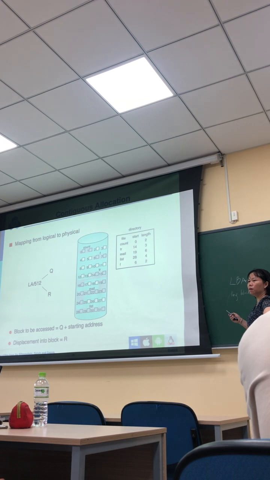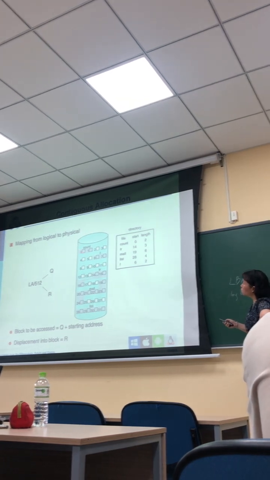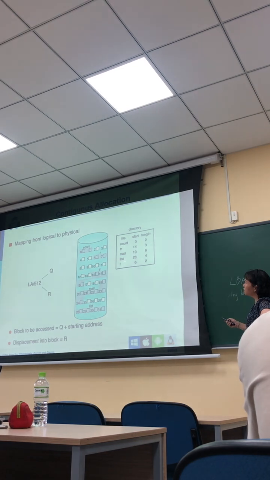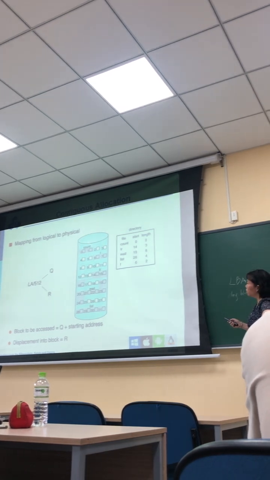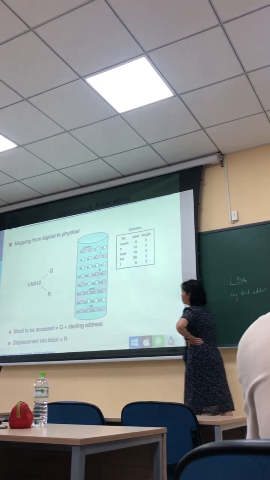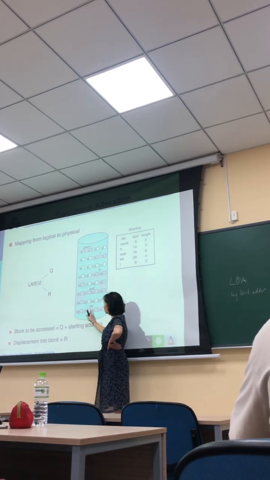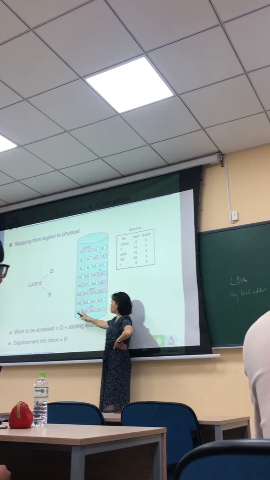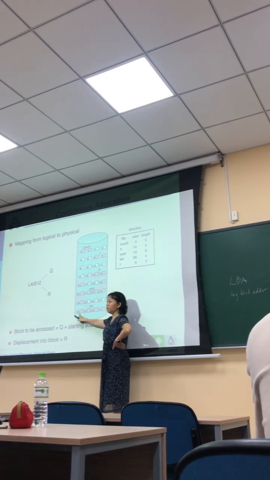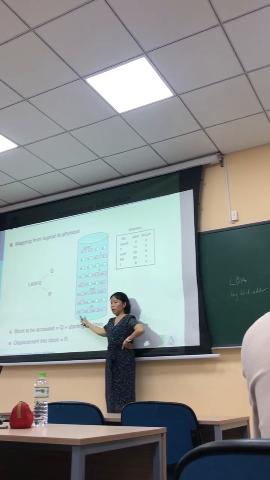Okay, starting from 0, so 0, 1. For example, the file list starts from 28 and we have 4 blocks for this file. So from 28, 1, 2, 3, 4, including 28. So we have 4 blocks for this file.